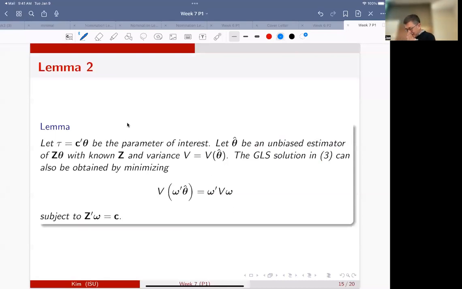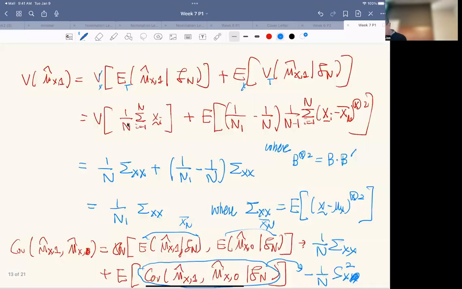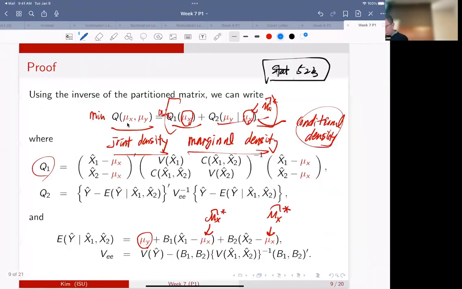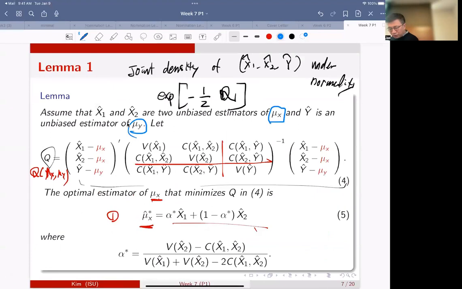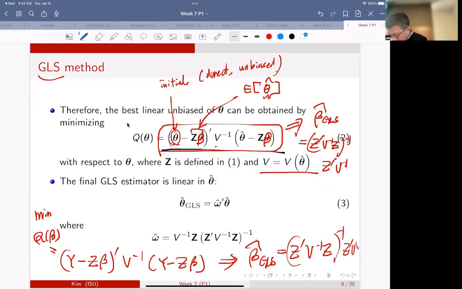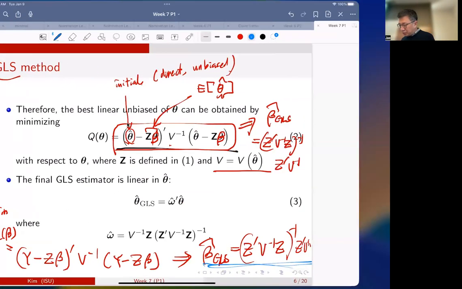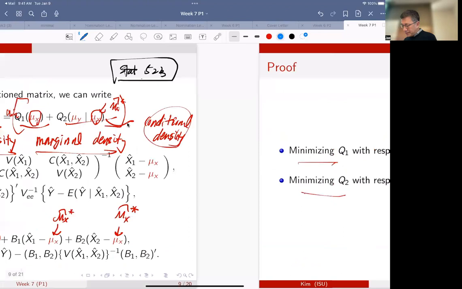The idea is, remember, how did we compute all this? We used the GLS formula. But here's another interpretation of the GLS formula.